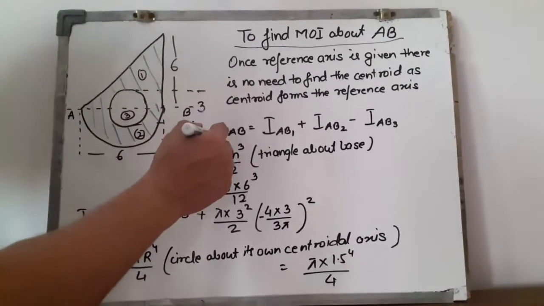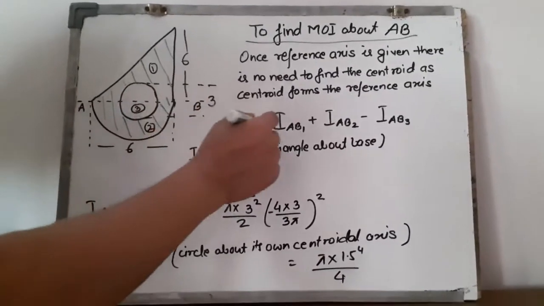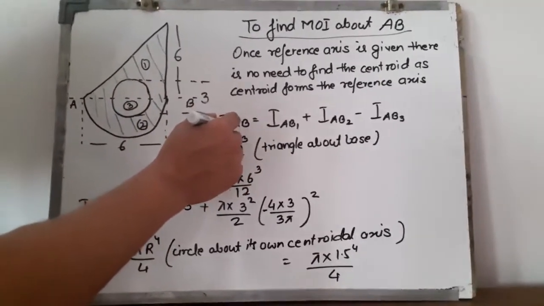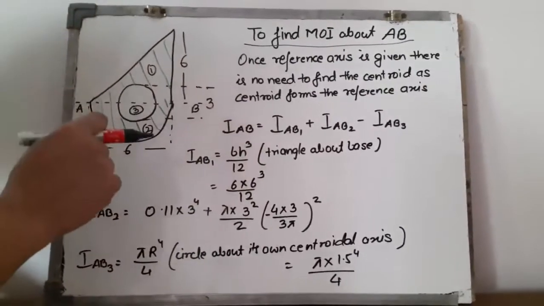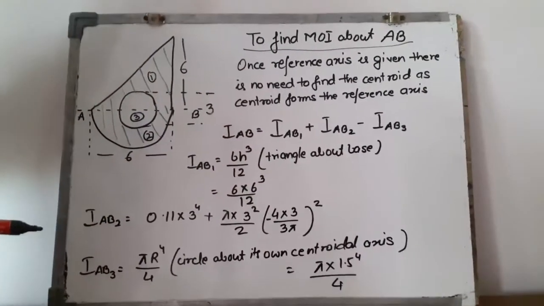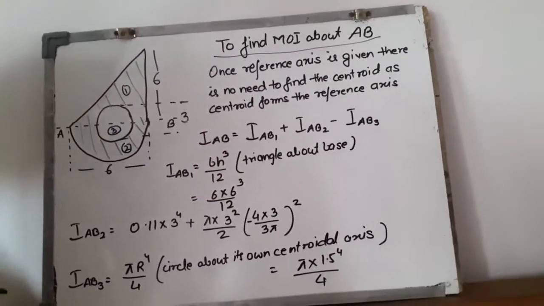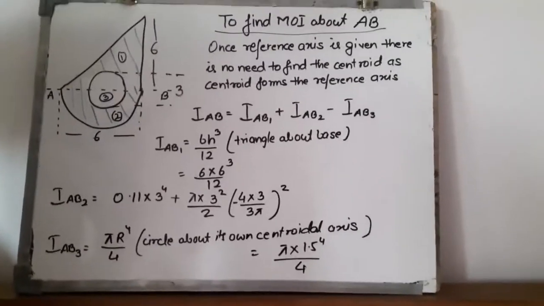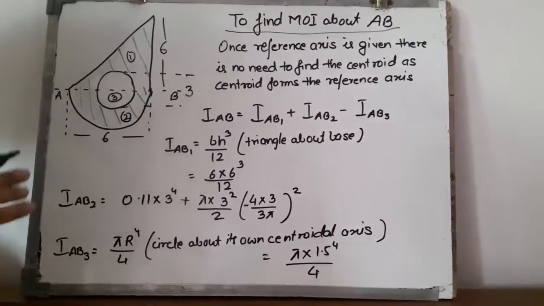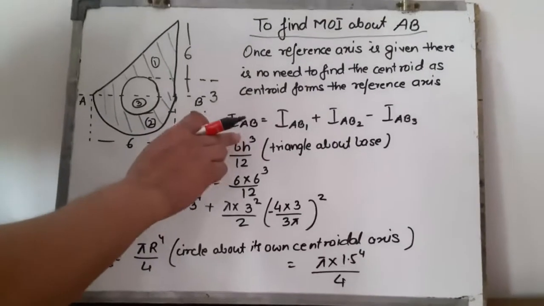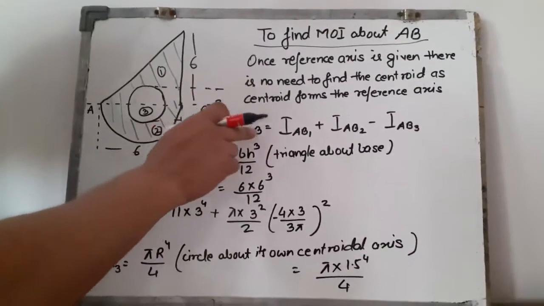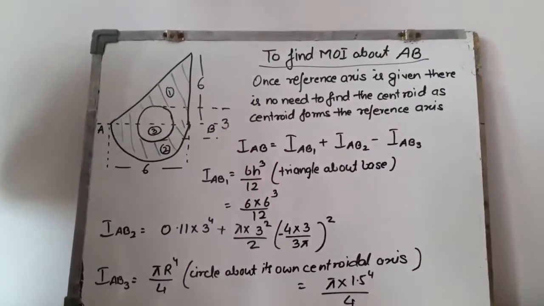So I about AB is equal to, this won't be written as IXX now, because if you write XX, that means you want it about the centroidal axis. XX and YY are denominations used to represent the centroidal axis only. Here when the reference is defined, write it in terms of the reference frame only.